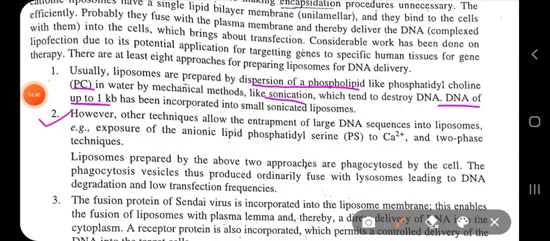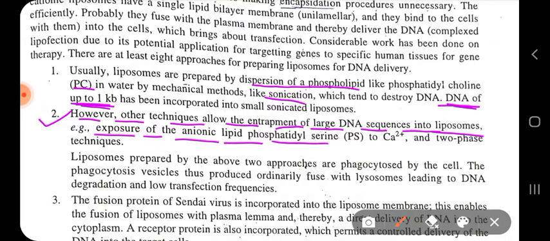Second, what it is saying, however, other techniques allow entrapment of large DNA sequences into liposomes. Well, in the first case, DNA up to 1 kb can be inserted, but other techniques are also being used to prepare liposomes where we can introduce more than 1 kb of DNA, like exposure of anionic lipid phosphatidylserine to calcium ions, and two phase techniques.